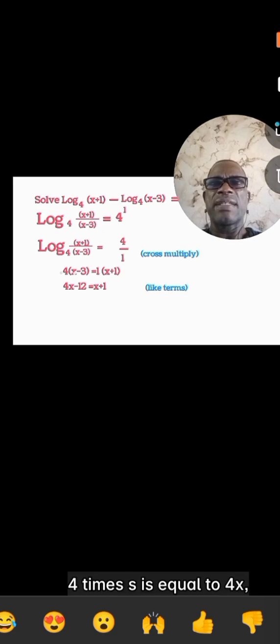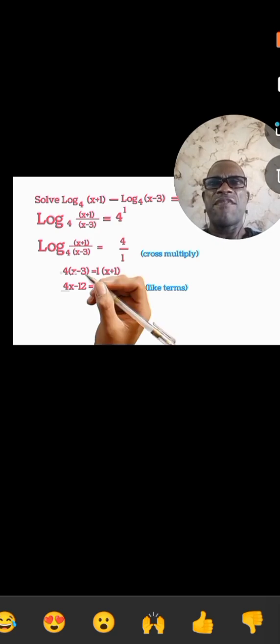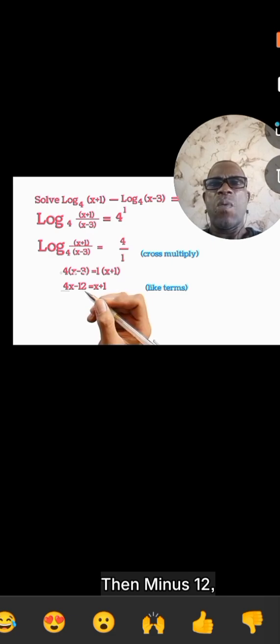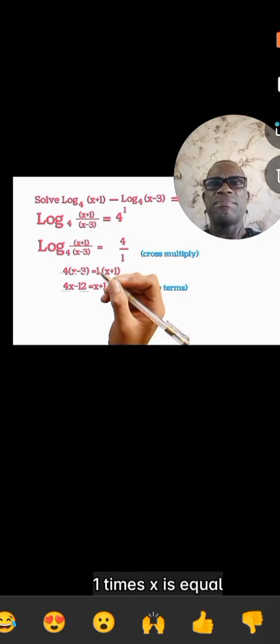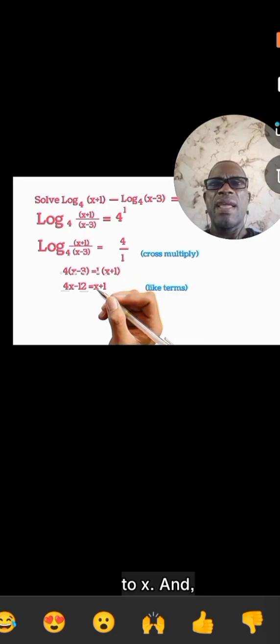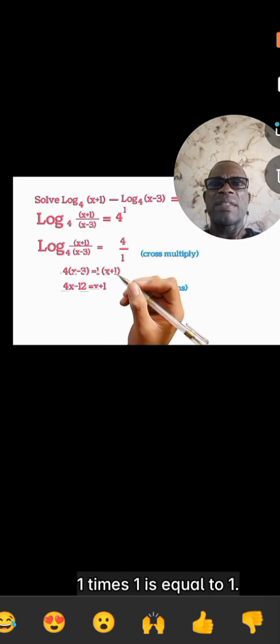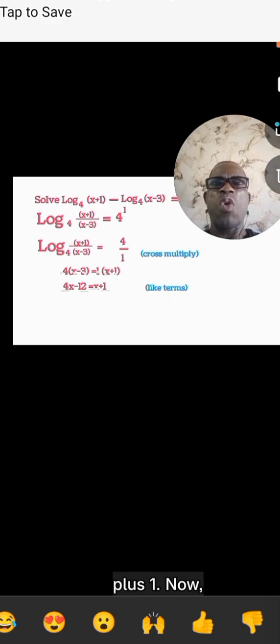That is, 4 times x is 4x, 4 times minus 3 is minus 12, then 1 times x is x, and 1 times 1 is 1. That is how we arrive at 4x minus 12 is equal to x plus 1.